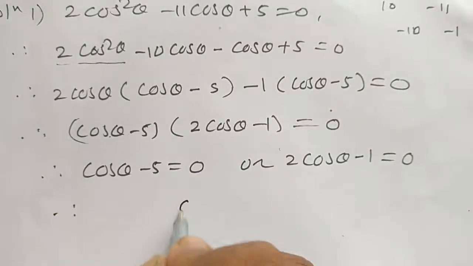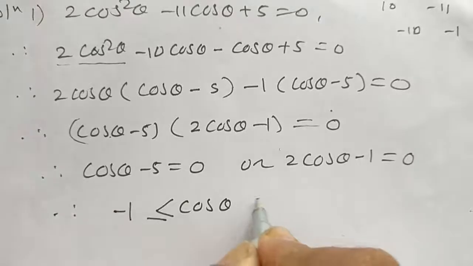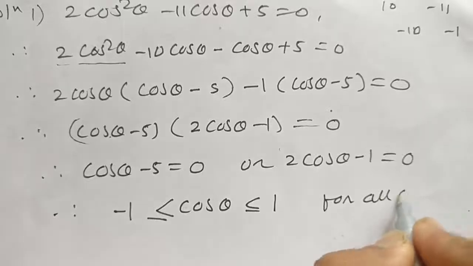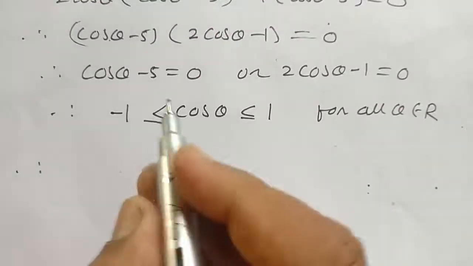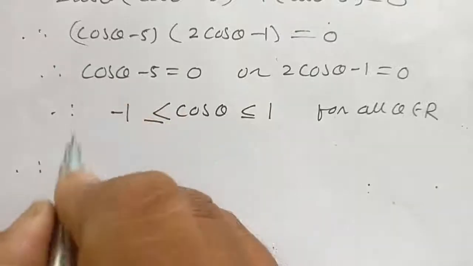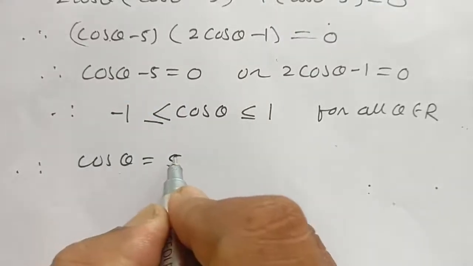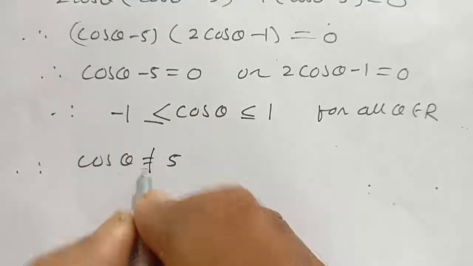Since cosθ is greater than or equal to -1 and less than or equal to 1 for all θ belonging to R, therefore cosθ = 5 does not belong to this range, so it is not admissible.